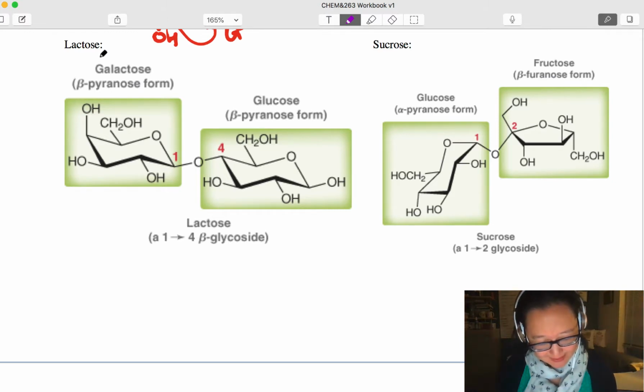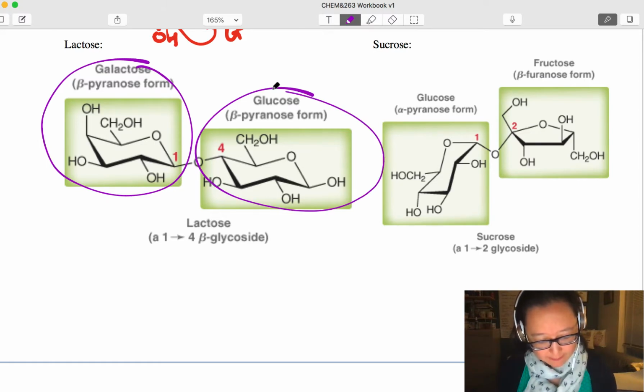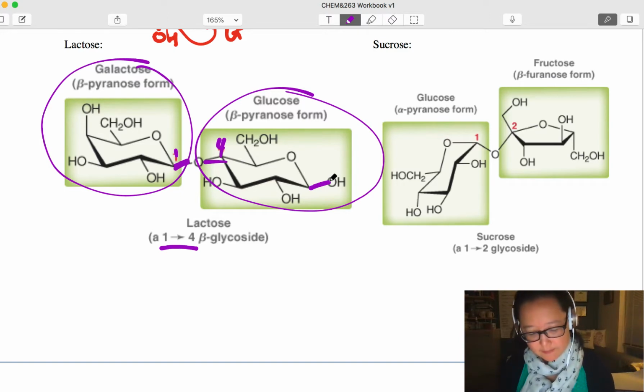So basically that's a galactose monosaccharide linked to a glucose. And it's a beta 1,4. So this is beta pointing up. And it's a 1,4 linkage. And then this is the beta pyranose form that they just happen to be showing you. Okay, so that's lactose.